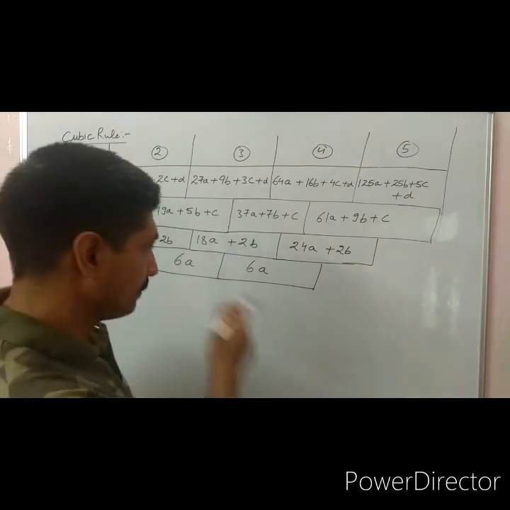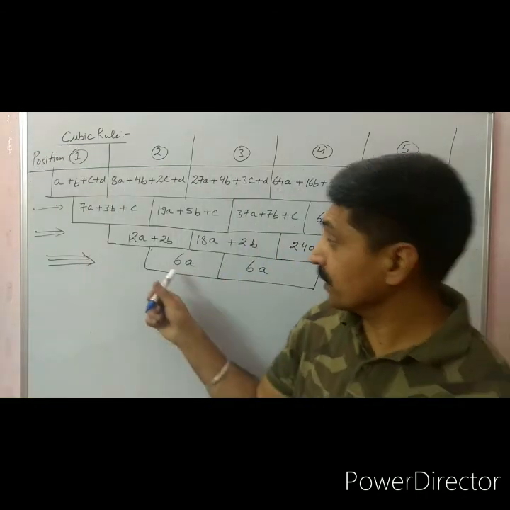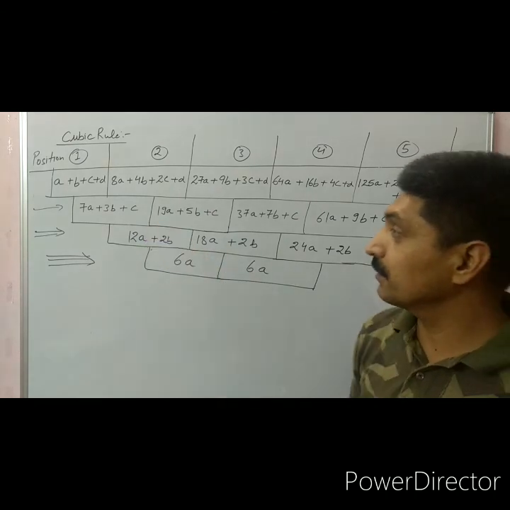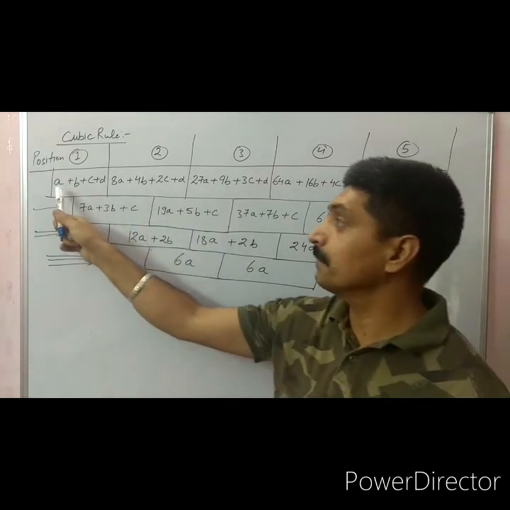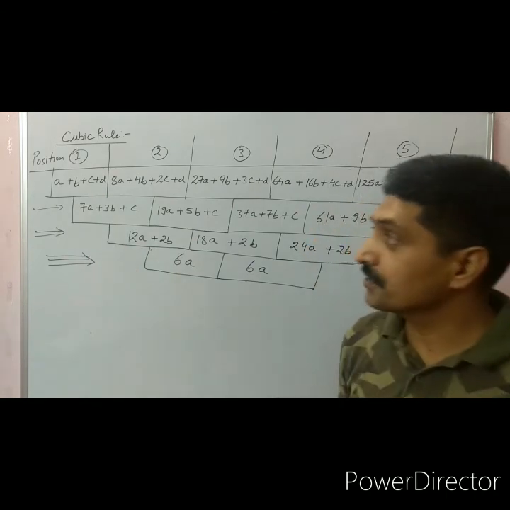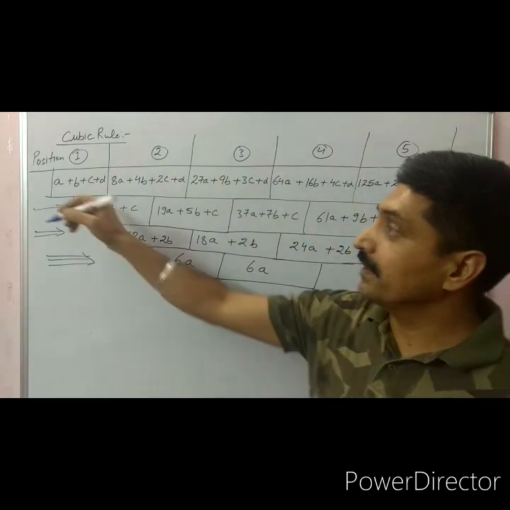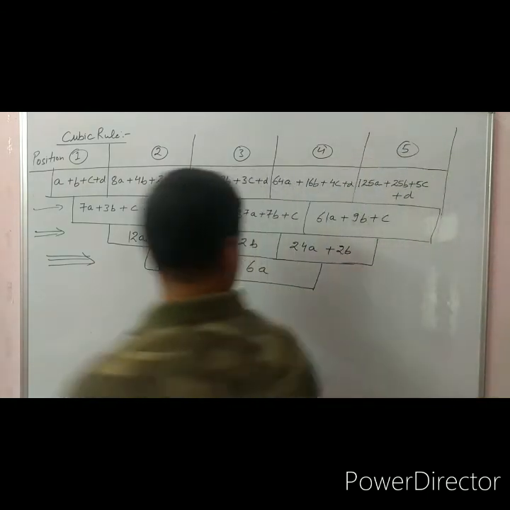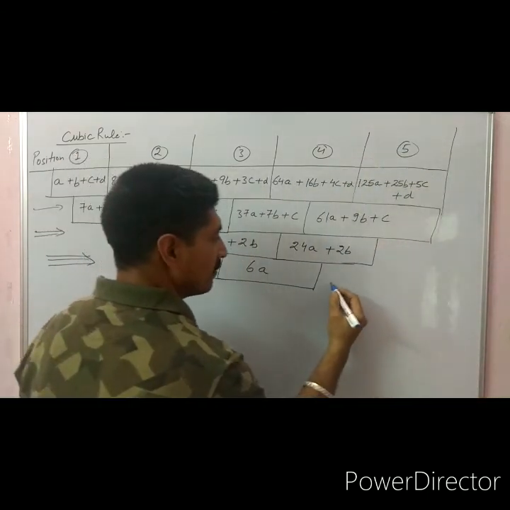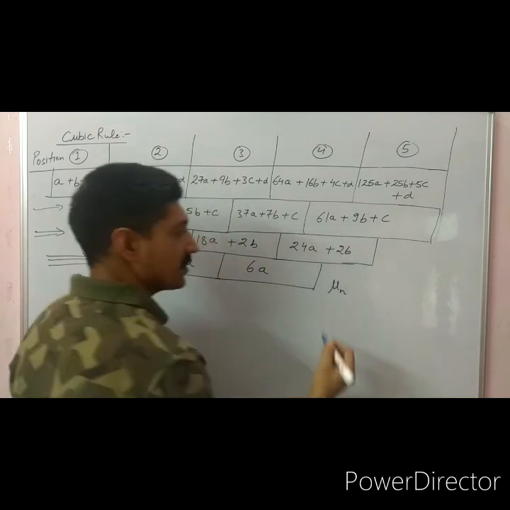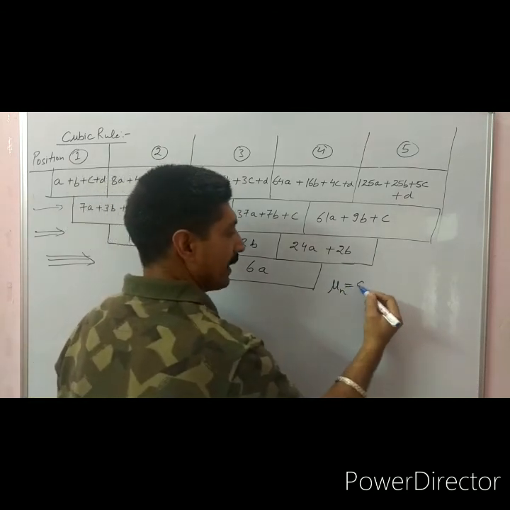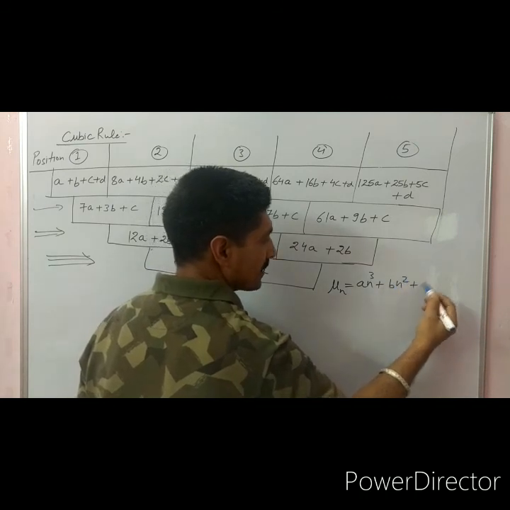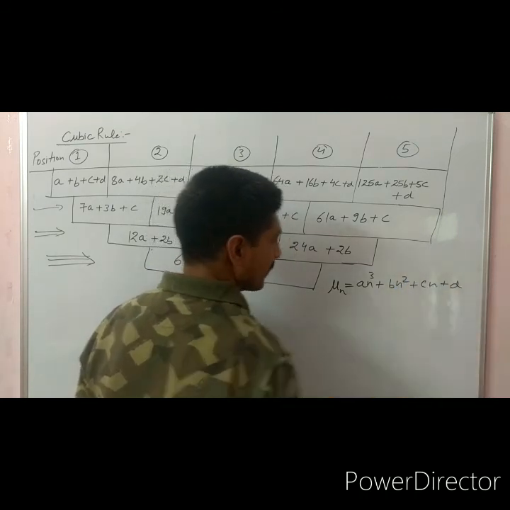So by substituting these specific values, we can find the values of the coefficients A, B, C and D. The cubic rule is that the nth term of the sequence is equal to an cube plus bn square plus cn plus d.